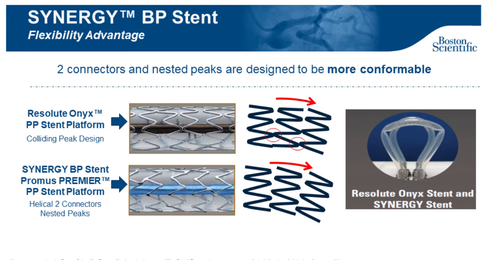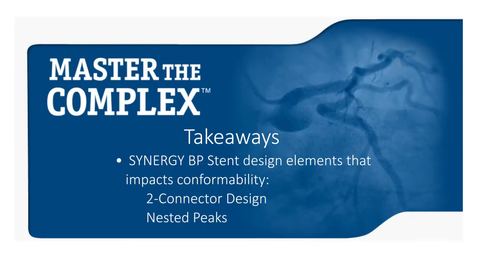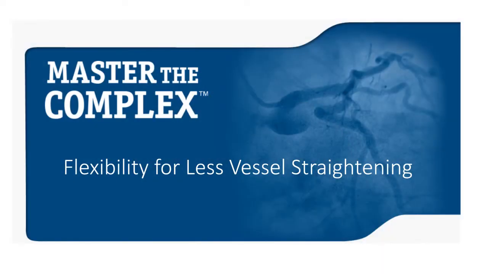You can see in a mock vessel where Synergy actually conforms very nicely to that radius, whereas Onyx is much straighter, creates a vessel hinge on the edge of each stent, which can lead to flow disruption, higher stresses on the ends of the stent, which could lead to dissections or even edge stent stenosis.